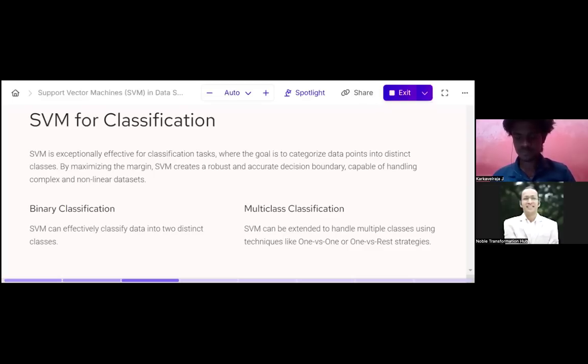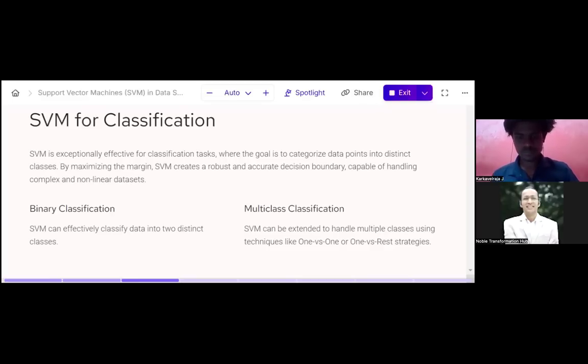That is why SVMs are very powerful, capable of handling complex and non-linear data sets. As I said, support vector machines are actually for non-linear and complex data sets, because they have different hyperplanes and different classes. It's not for linear data sets. This is the nature.